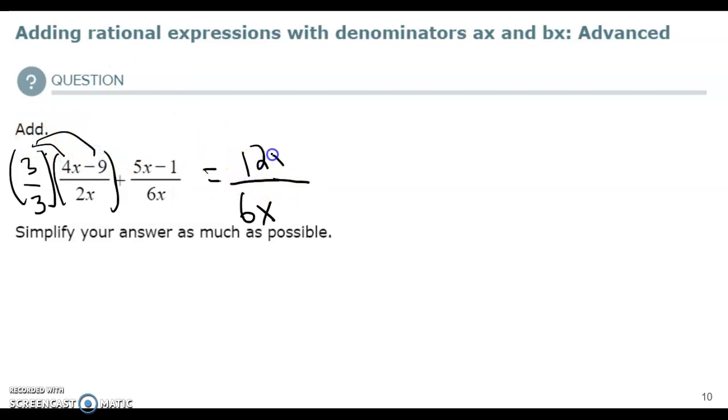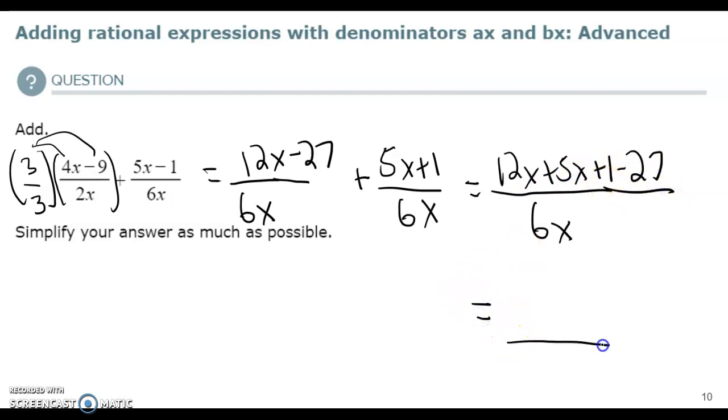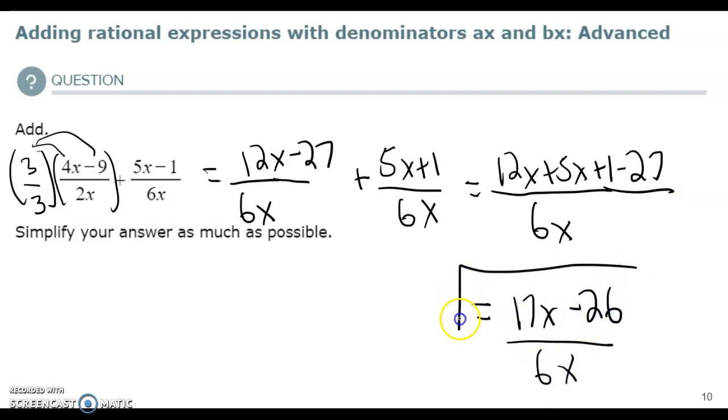I'd have 12x minus 27 plus 6x. Okay, now because I have common denominators, I can combine, so I have 12x and 5x and negative 27. I can simplify that. Go ahead, pause your screen, simplify it on your own. Okay, this is what we should have ended up with.